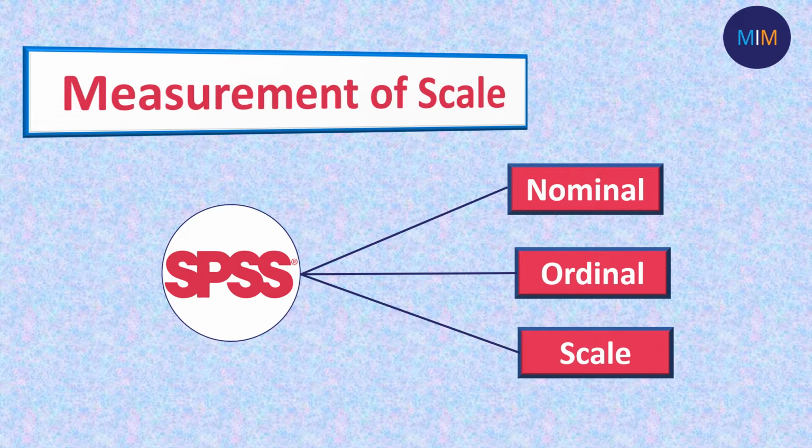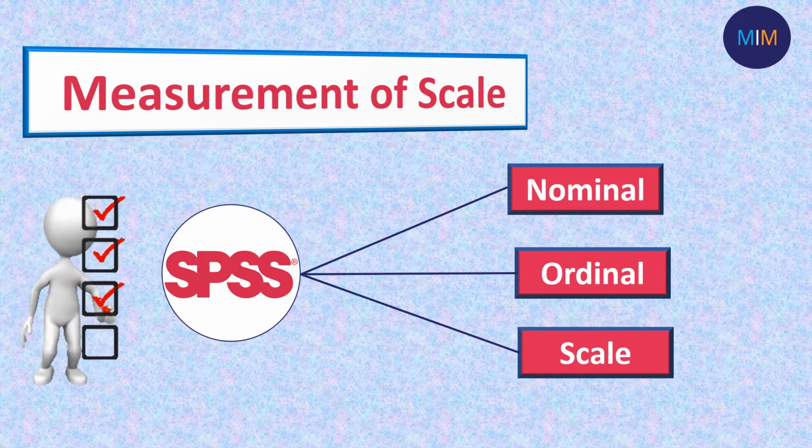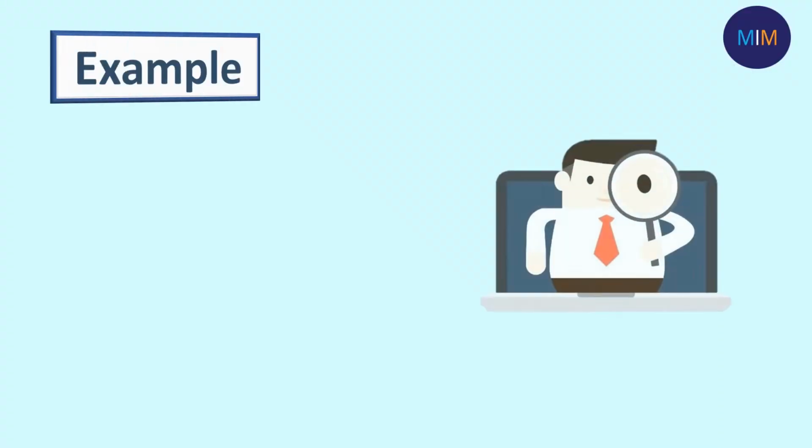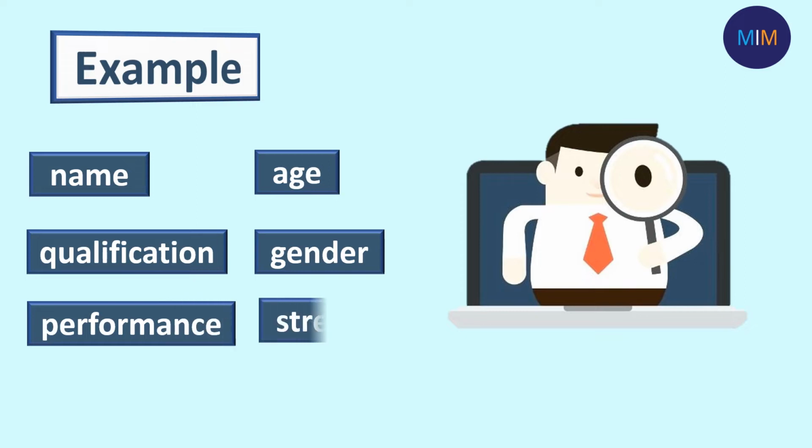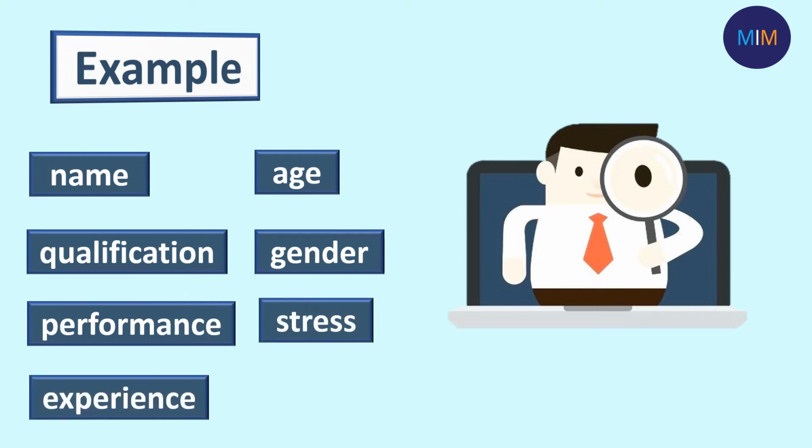It is required to define the variables on the basis of nominal, ordinal or scale. In the primary research, a questionnaire contains questions related to different variables. Some variables can be nominal, ordinal or scale depending on their nature. For example, variables like name, qualification, age, gender, performance, stress, experience are different by nature.